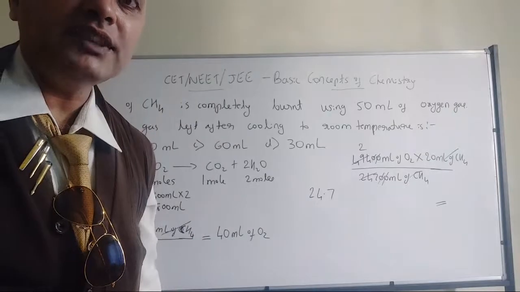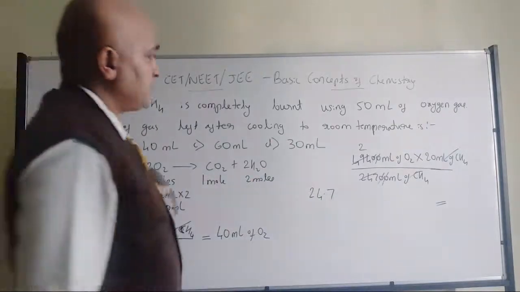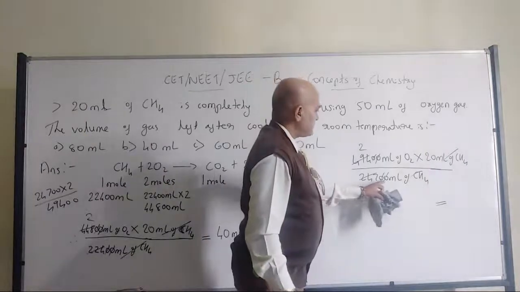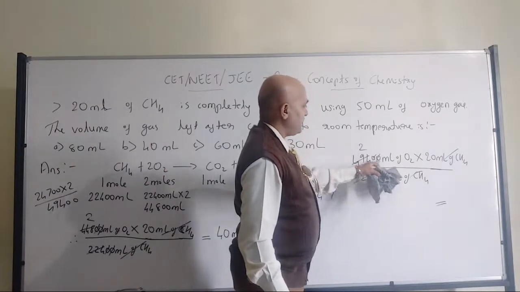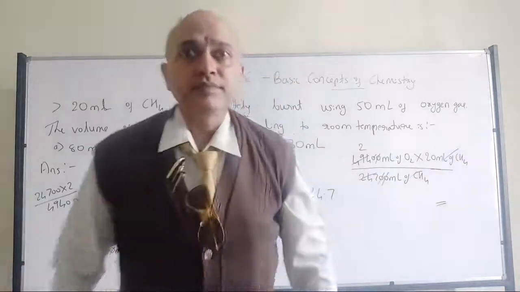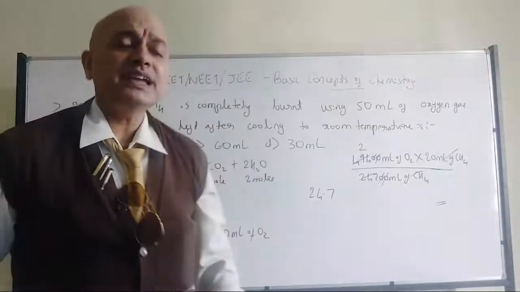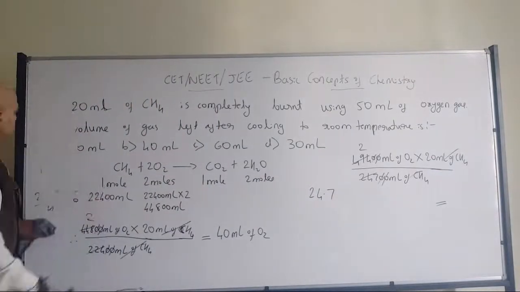All of you will agree with me? Because we are going to get the same thing. 24,700 doubled is 49,400. So it will once again be 2 to the 4 only. Yes, it will be the same answer, 10 only. Fine? So anyway, the option is not there.